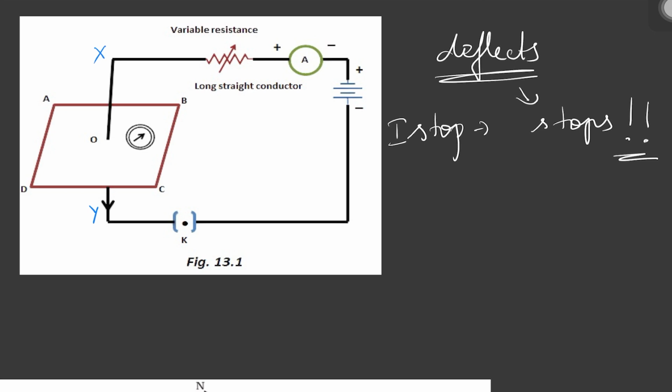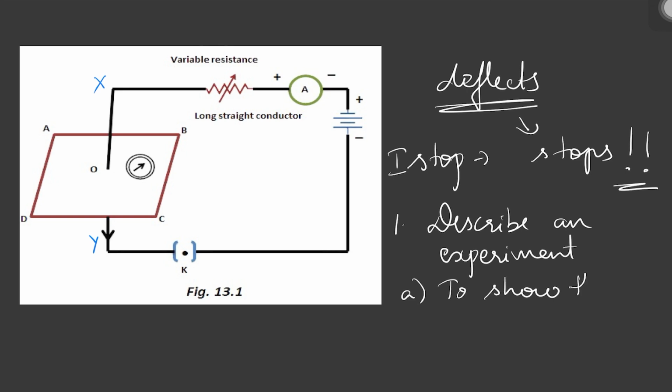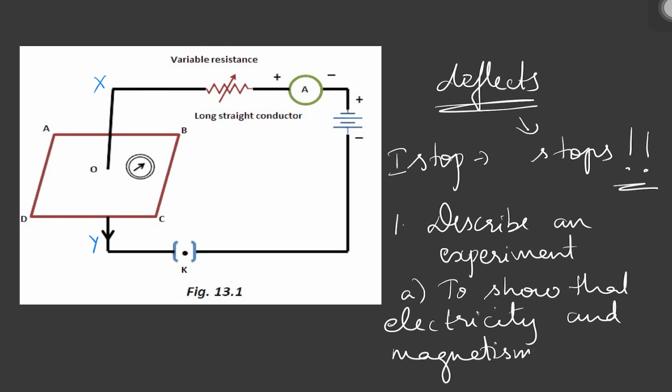So what are the different types of questions that can be asked? Describe an experiment to show that electricity and magnetism are linked to each other.